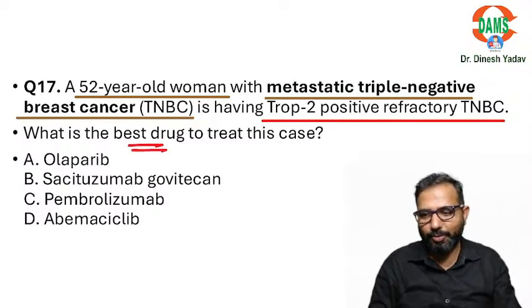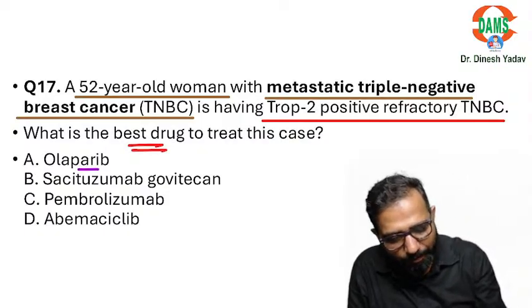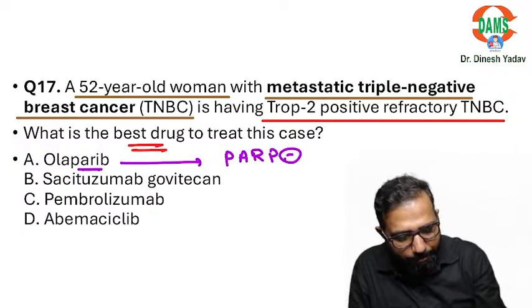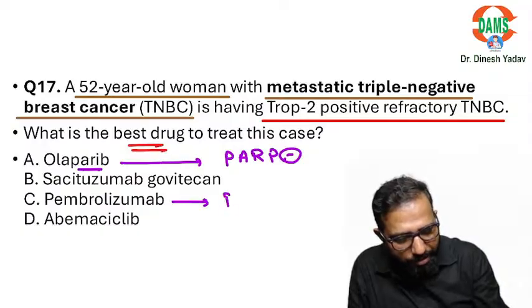So let's see the options. First is olaparib. It is the PARP inhibitor. What is pembrolizumab? That is one of the immune checkpoint inhibitors.